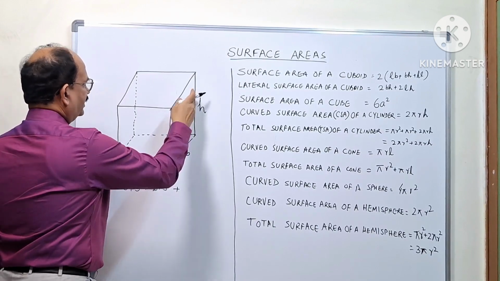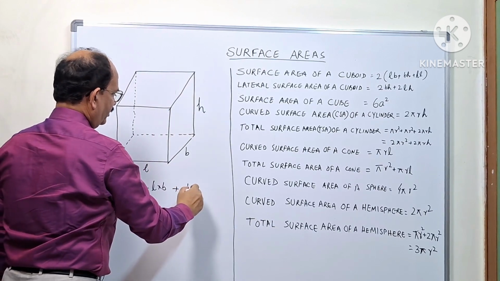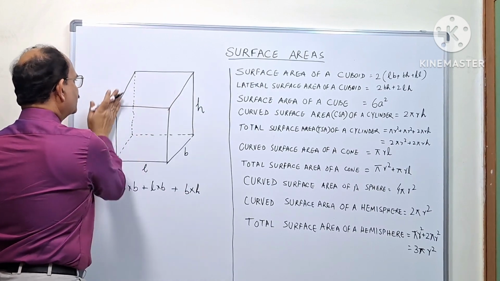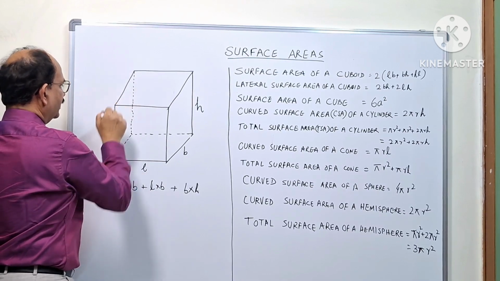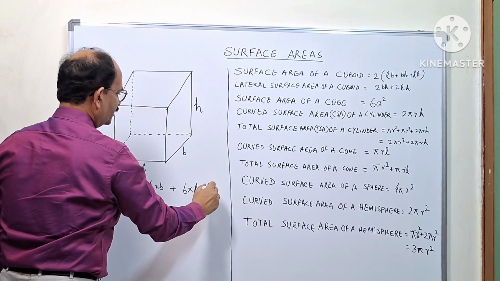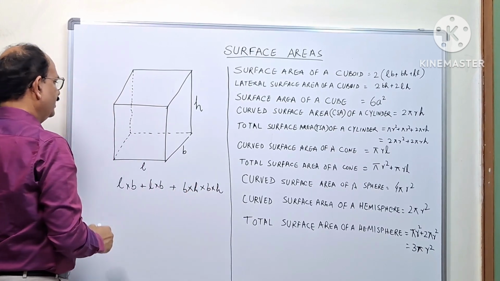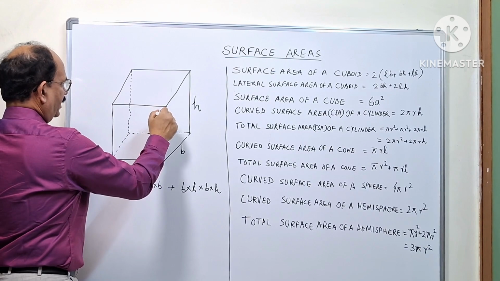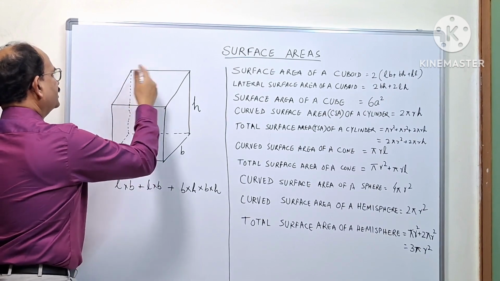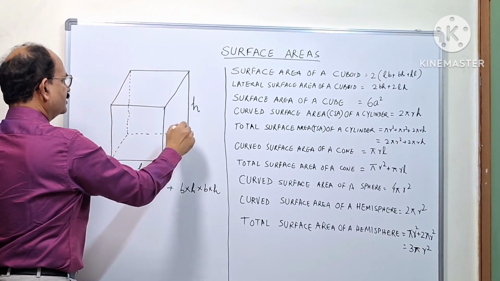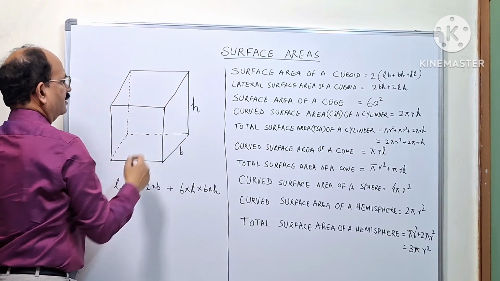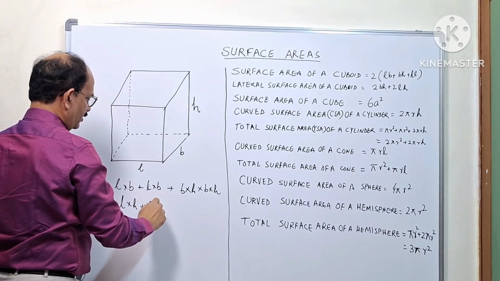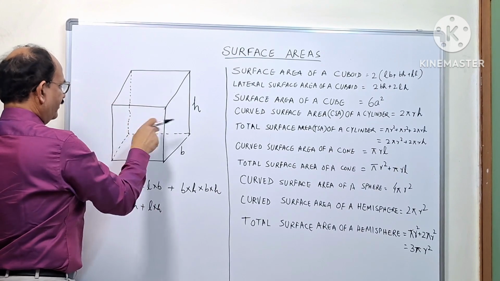Similarly, if we take this face, then it will be B cross H is the surface area for this face, and just opposite to this face there will be this face also available, which will be B cross H. Similarly, there will be L cross H, this face, L, and this is H, so this face, and just opposite to this will be this dotted line, this solid line, and this solid line, another face, right?